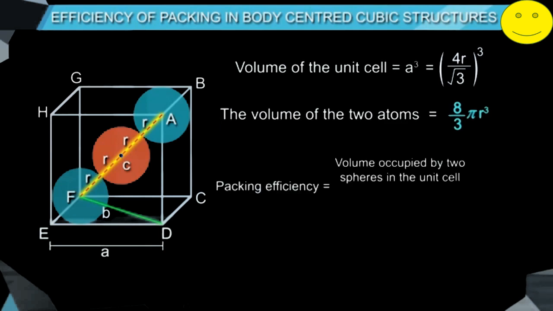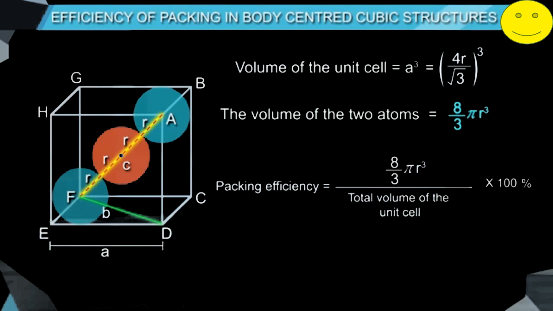Let us consider triangle EFD. By using Pythagoras theorem, we have FD square equal to EF square plus EB square, that is equal to B square equal to A square plus A square. So B square equal to 2A square. Therefore B equal to square root of 2A.